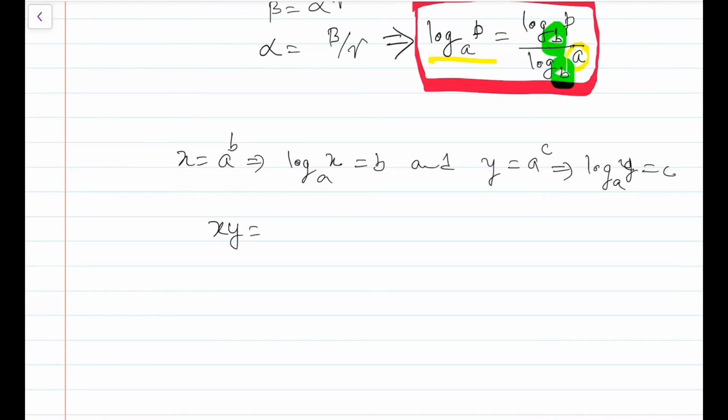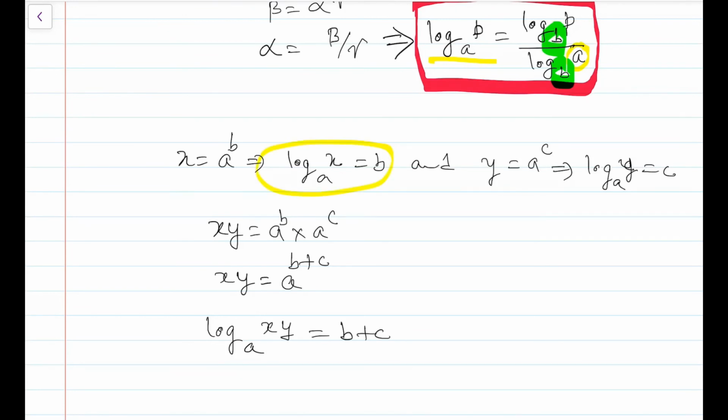Now let us find the product of x and y. X into y will be equal to a raised power b into a raised power c. As we know, when bases are equal, while multiplying, the powers will get added. So the product will be a raised power b plus c. Again, applying the properties of logarithm, log of x into y to the base a is equal to b plus c.